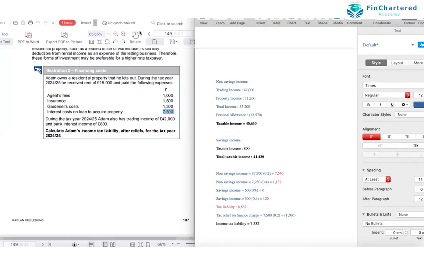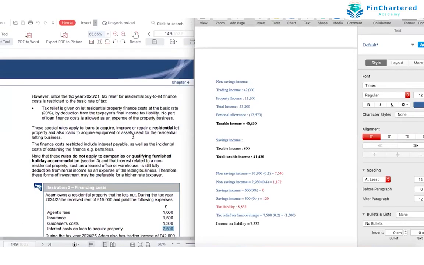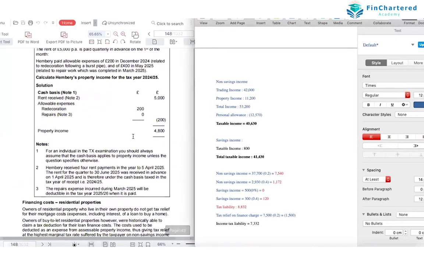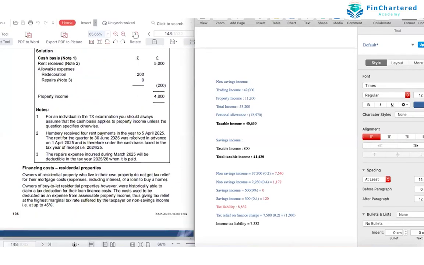Guys, is this crystal clear? No problems at all? This is what financing cost says, with which financing cost is over.